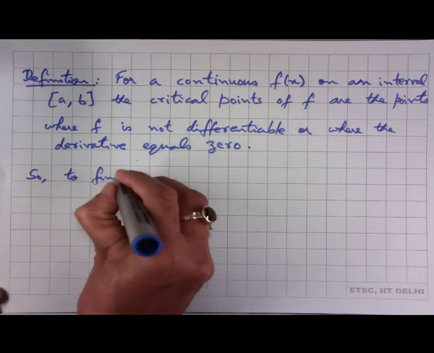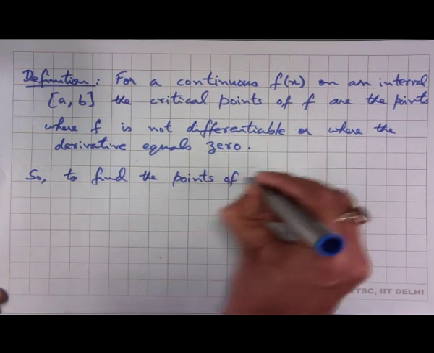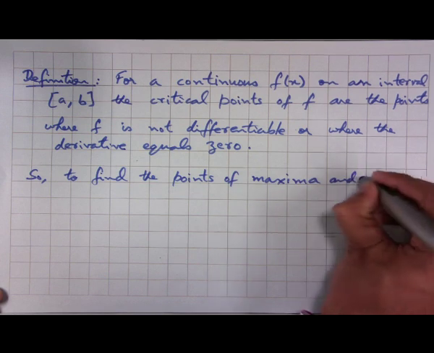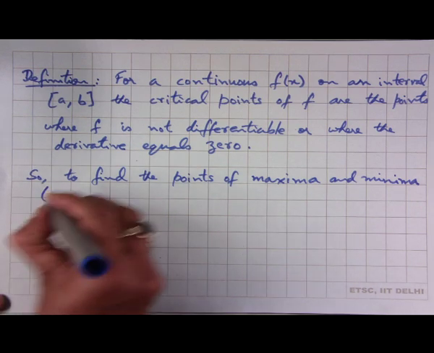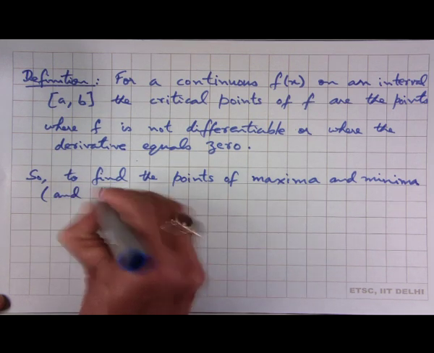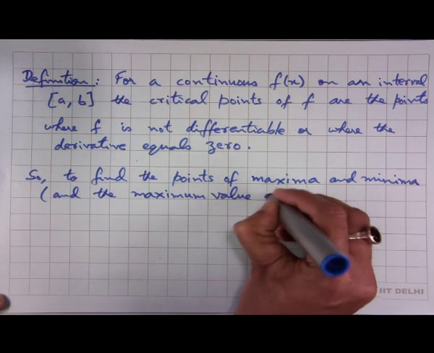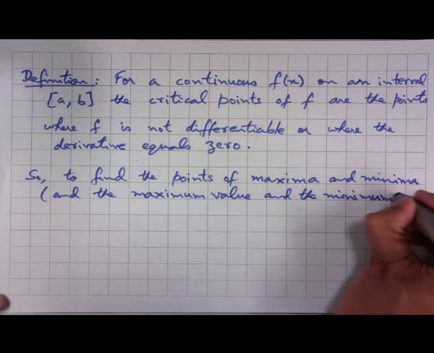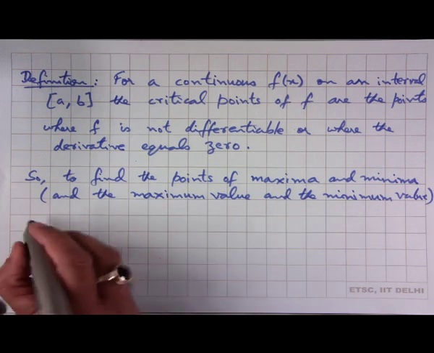So, to find the points of maxima and minima, and the maximum and minimum values, maximum value and minimum value, what we do is the following.